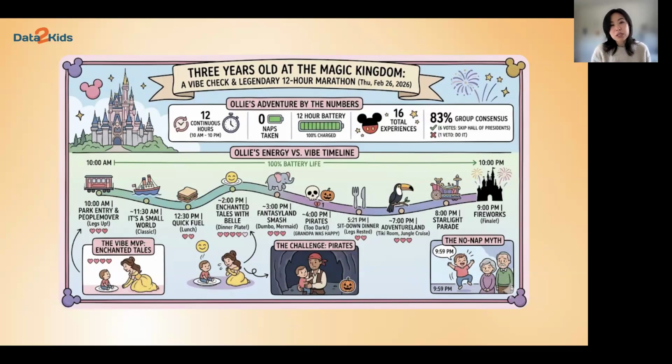So I thought it would be interesting to create a journey map throughout the day, how she is interacting to different activities, different characters, what her energy level is. And a fun fact is she had zero nap that day at all, just running all day long for 12 hours.